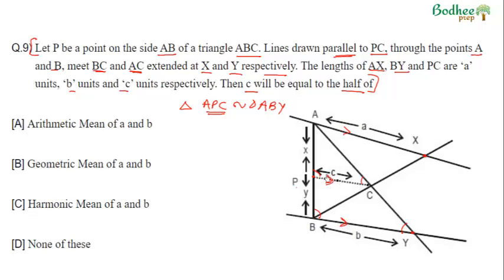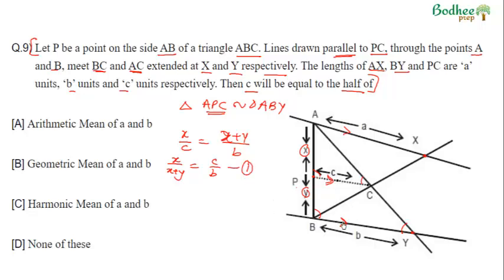So their corresponding sides, this over this, would be equal to this over this. Here again we have assumed that AP is X and PB is Y. So clearly we can say that X over C should be equal to X plus Y over B, or we can say that X over X plus Y is equal to C by B. That is equation number 1.